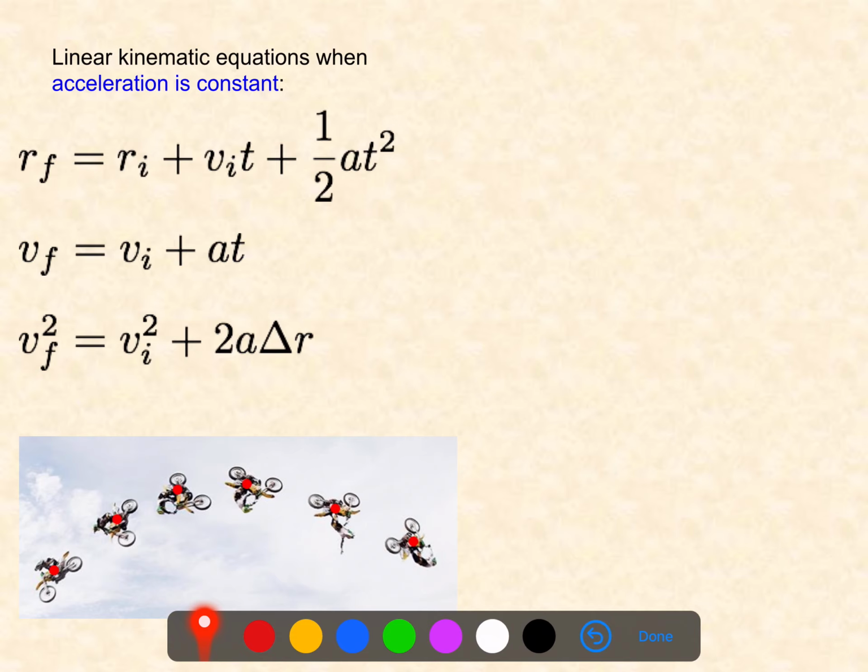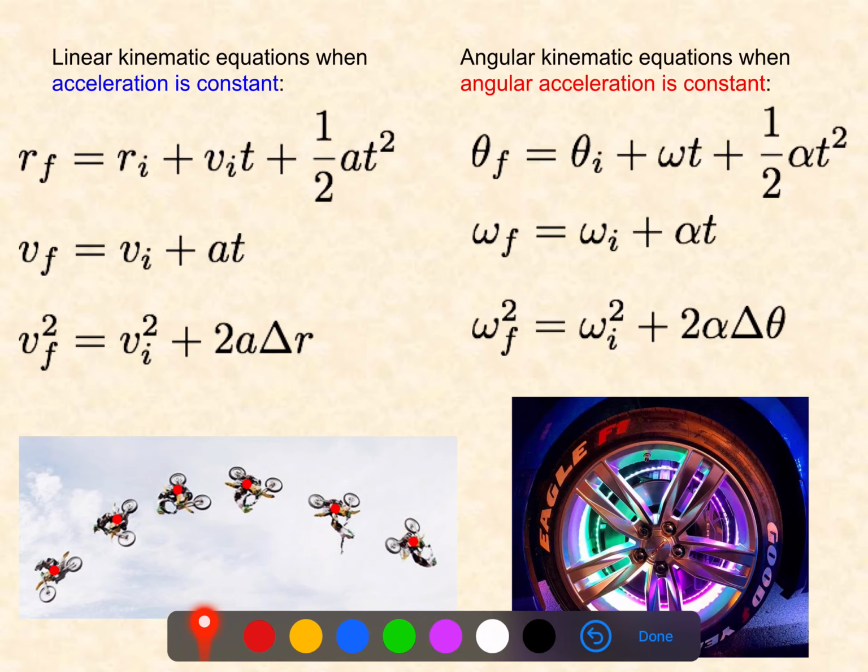All right, so speaking of the linear picture, remember that we had all of these equations of motion that described how an object would move given its velocity and acceleration and so on. Well, we have completely analogous equations in the angular picture. Instead of linear position, we replace that with angular position.